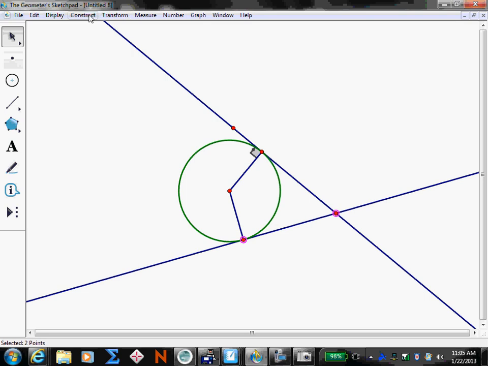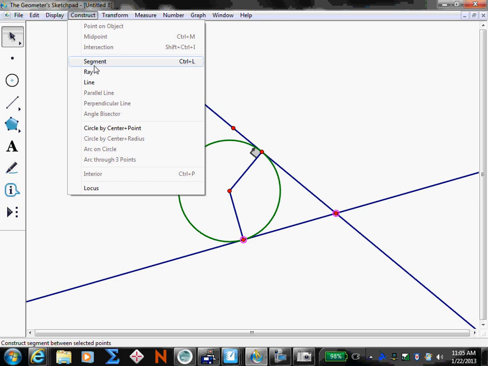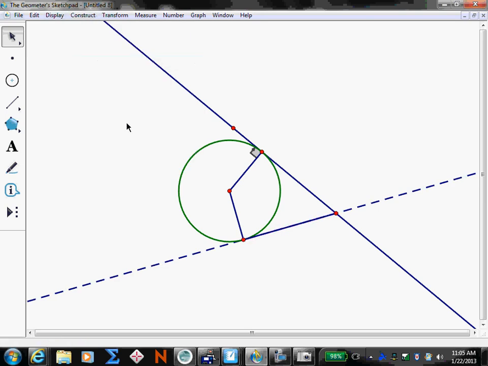So notice the 2 points that I have highlighted. Now I'm going to say construct segment. Then I'm going to come over here and construct a segment. Now, as you know, we're just coming off our study of our polygons.